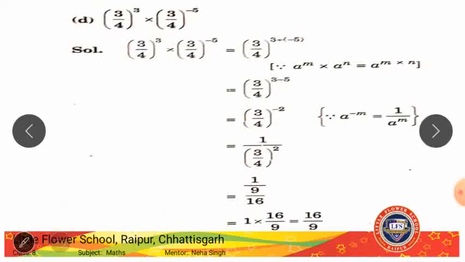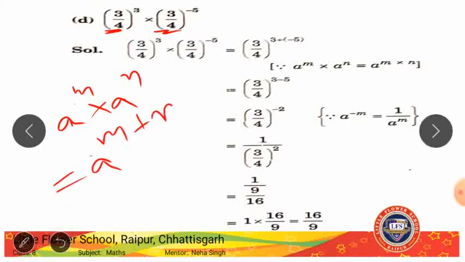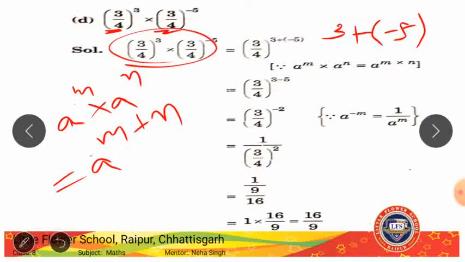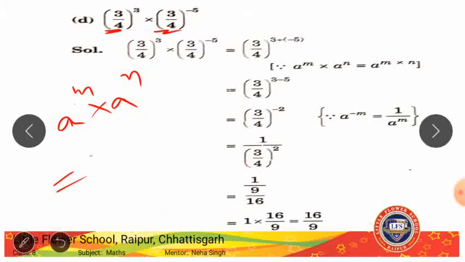Next question again. Though the base is same, we'll directly use the property a power m into a power n, where powers will be added. So simply we can do 3 plus minus of 5 powers. Plus minus is minus, 3 minus 5, which is minus 2. Now since the power is negative, what have I told?